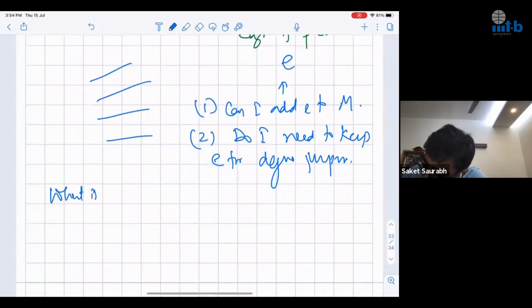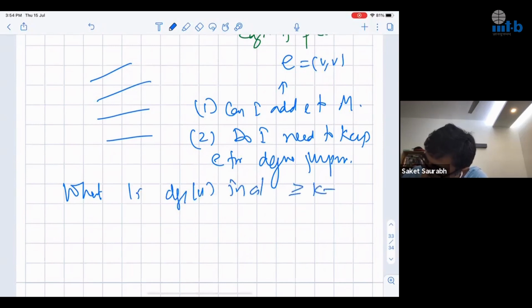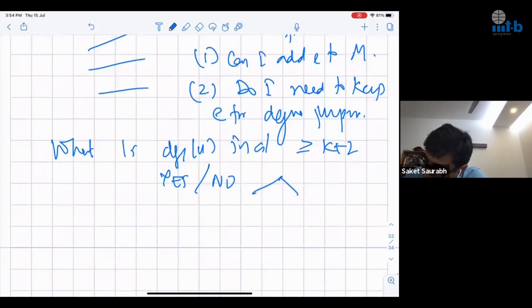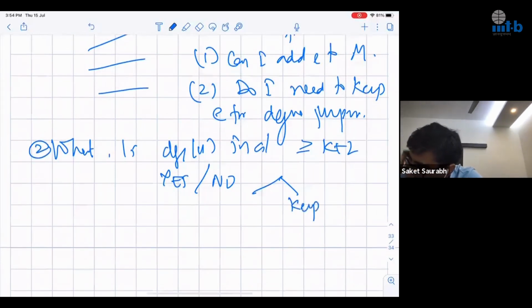Suppose E is UV. Is the degree of U in G prime greater than or equal to K plus 2? I ask myself, yes or no. If no, then I say keep E in G prime.